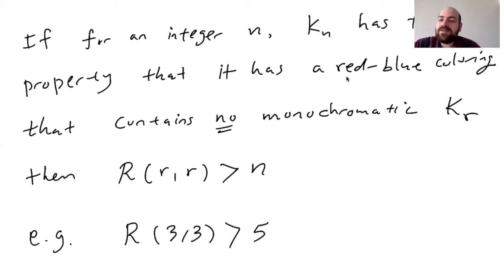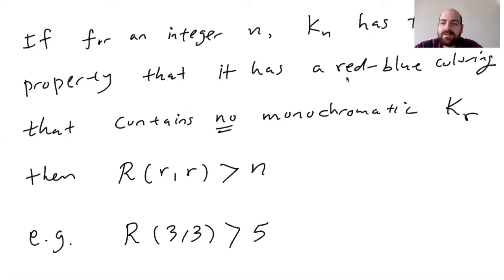And we said there exists a red-blue coloring of K5 that contains no red triangle and no blue triangle, meaning no monochromatic K3. So we could conclude that capital R of 3 and 3 has to be bigger than 5.